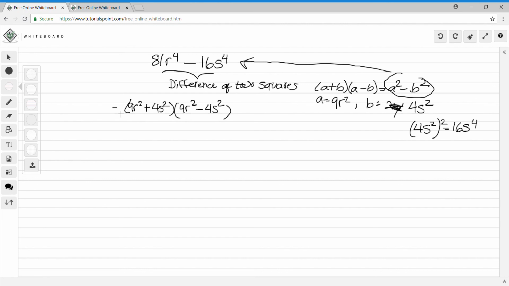Let's look at this carefully. We have 9r squared plus 4s squared, and then 9r squared minus 4s squared. Can this factor even more? Let's see, this can't be factored anymore, but this one can. We factor it by the same difference of two squares.